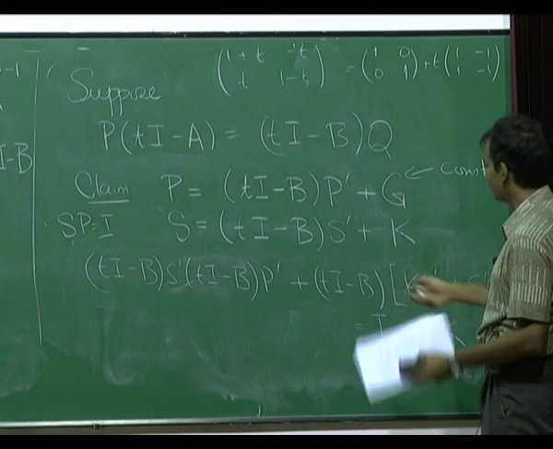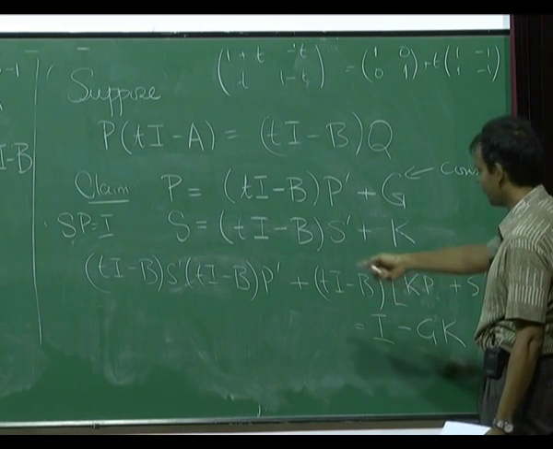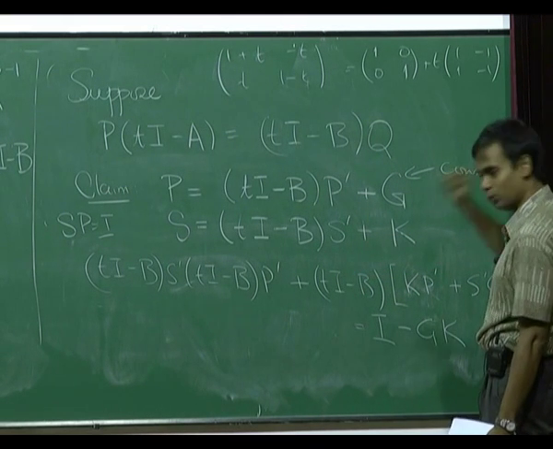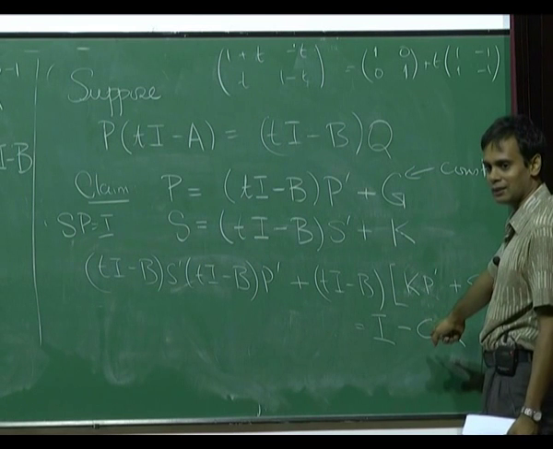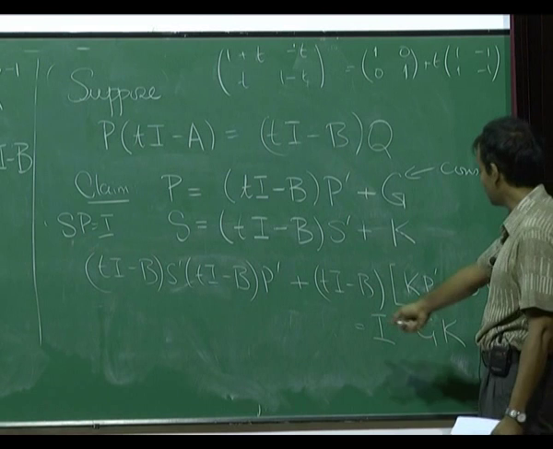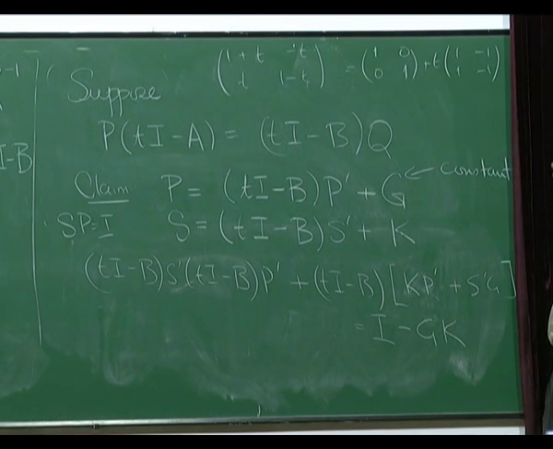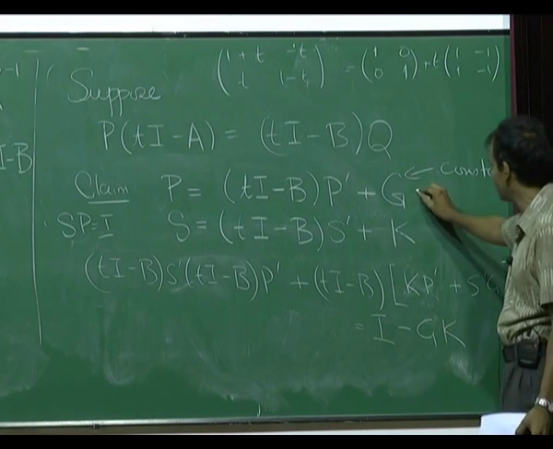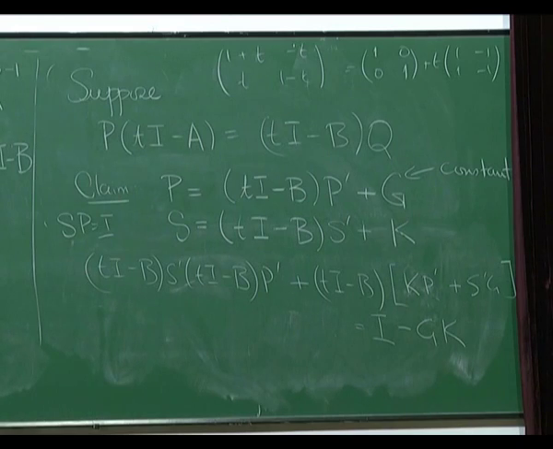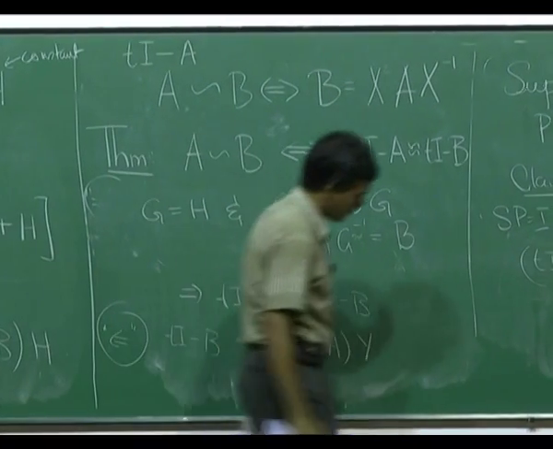But now we'll do the same degree trick. The degree of this side is at least 2 and this is constant. So the only way they can be equal is if both sides are 0. So that means that GK is identity. So G and K are also invertible. In particular, what we are interested in is that G is invertible. So this implies this because G is invertible, and so the matrices are similar.